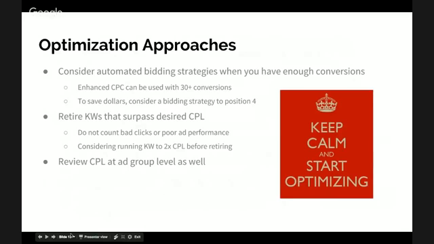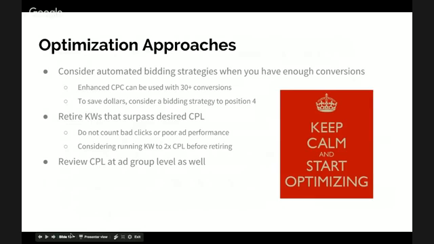And then finally, from an optimization standpoint, a lot of that is really around going right back to the beginning and thinking about those success metrics from the beginning, and developing strategies that make it easy for you to manage the account. And one of the most important ones is considering automated bidding once you have enough conversions.